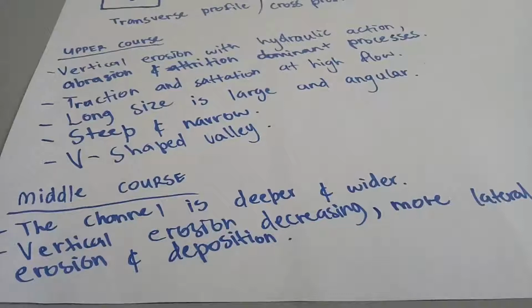Okay, in the middle course, the channel is deeper and wider, right? Meaning that the lateral erosion, this is whereby the sides of a river are eroded. That's lateral erosion.